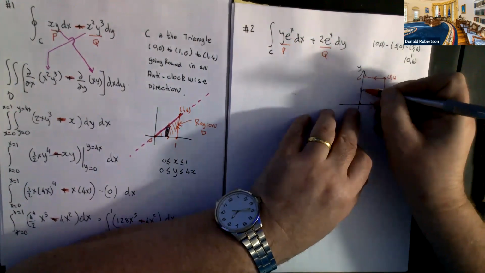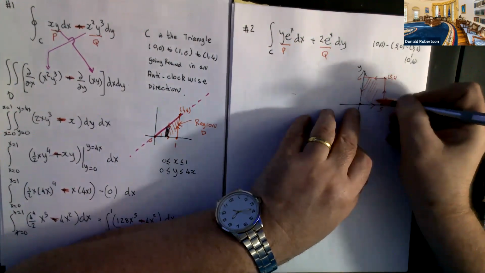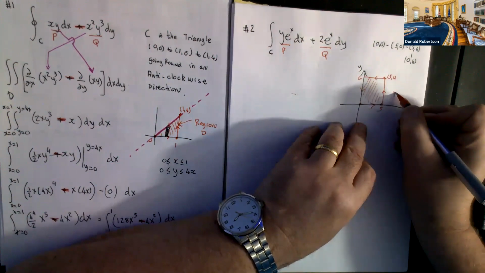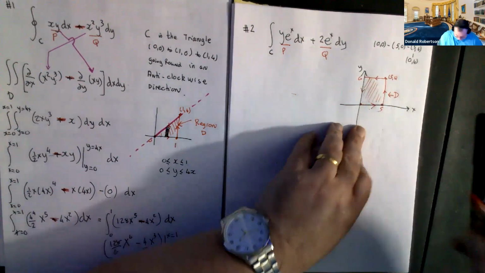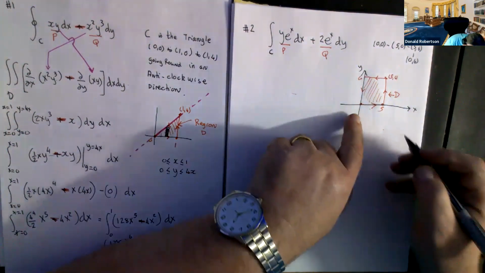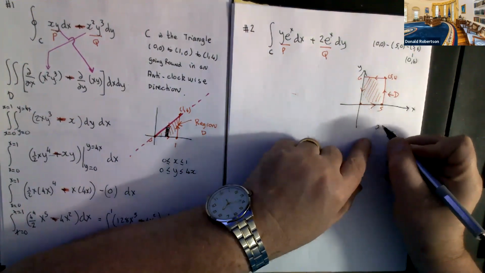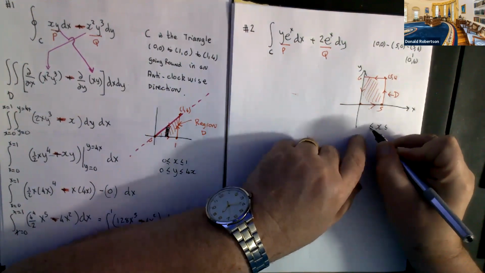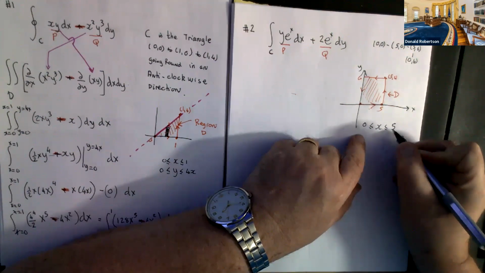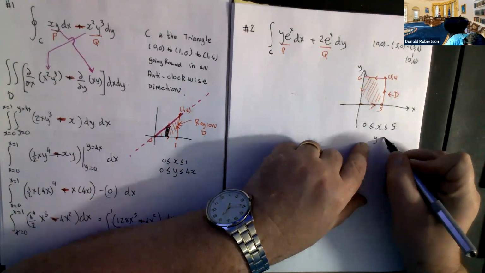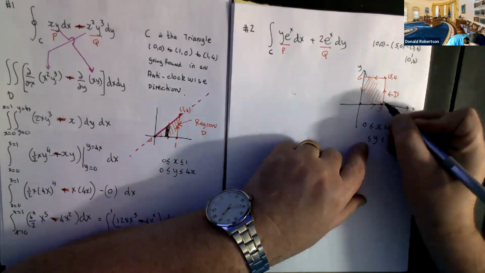And then back home. So that there represents our region D. Now, the limits of integration of a rectangle are the easiest to do, so I'll set those limits up right now. X goes from 0 to 5, and y goes from 0 to 6.